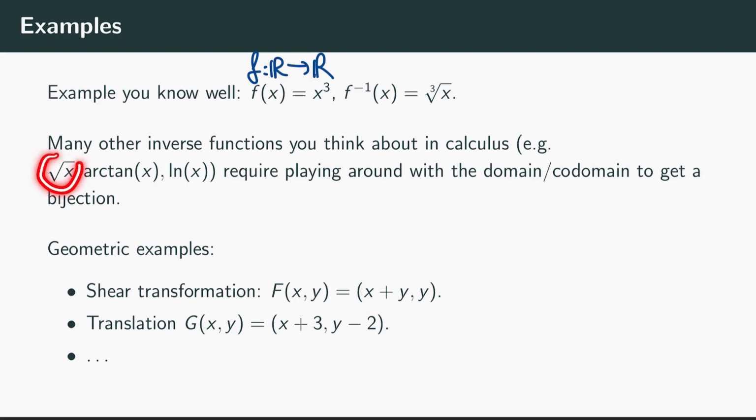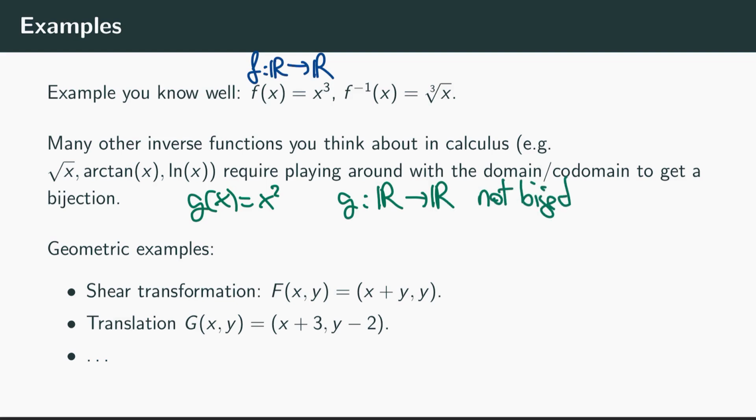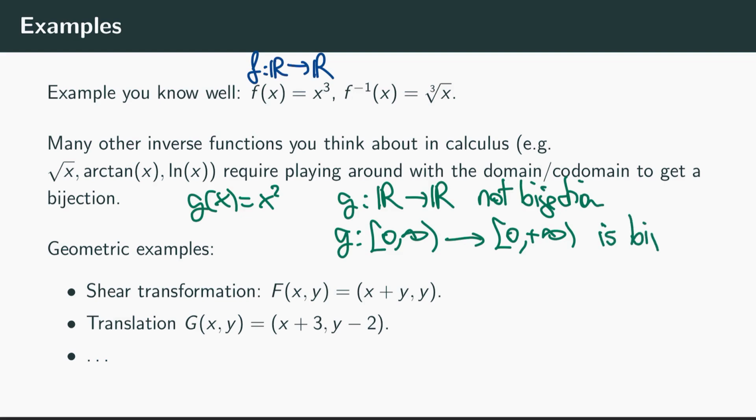So the square root function: what we're saying is if I define g of x to be x squared, if I look at g from R to R, it's not a bijection. But if I look at it instead from a smaller domain to a smaller codomain, this is a bijection.